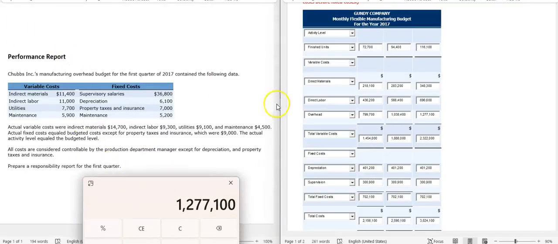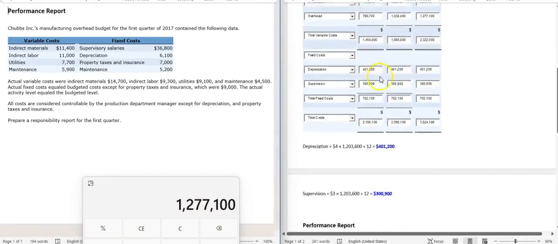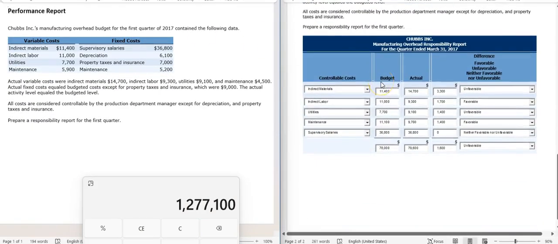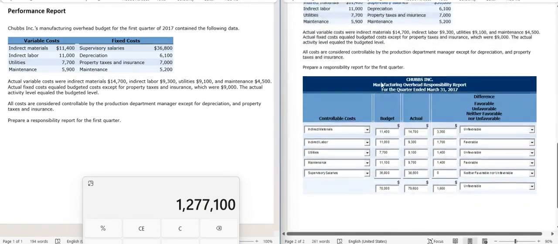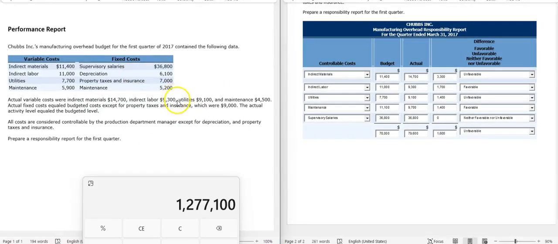All right, so let me pull up our responsibility report, which is also known as a performance report. When a company is trying to evaluate their actuals compared to their budget, the most important thing is that we compare our actuals to a budget that is based off of the same level of activity.